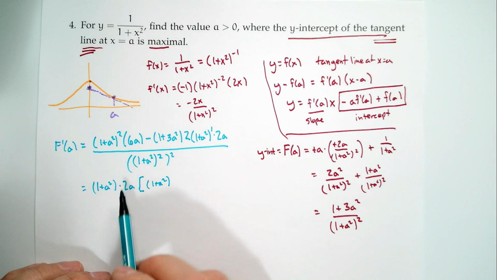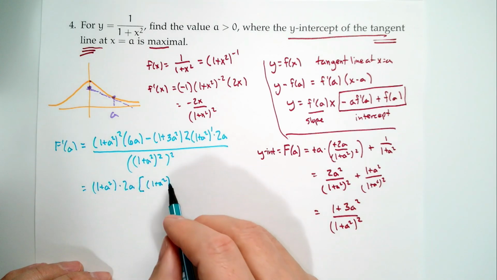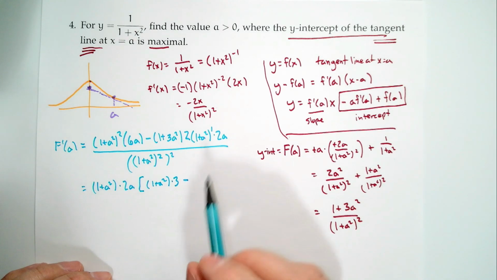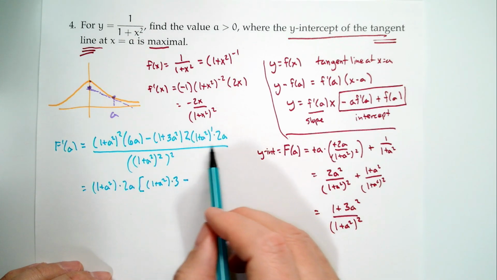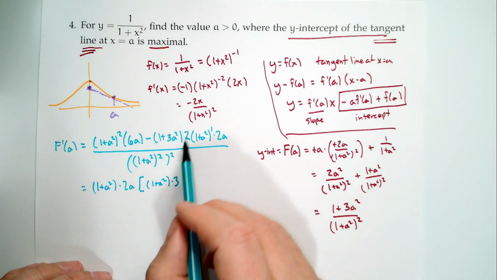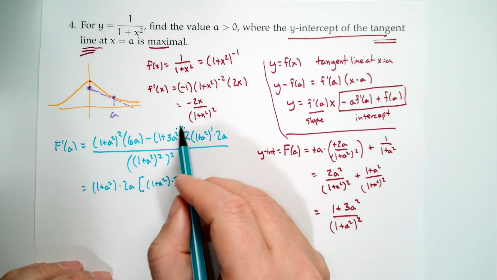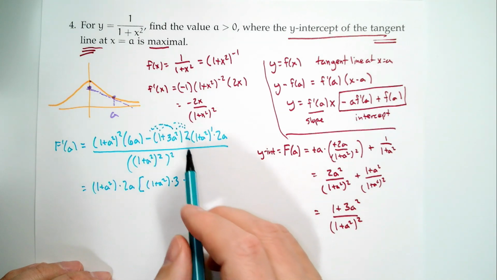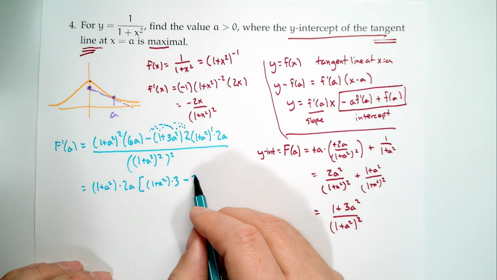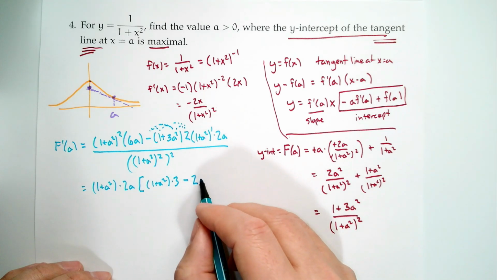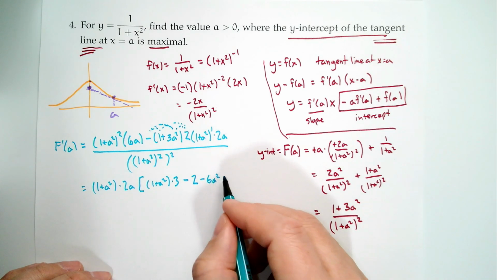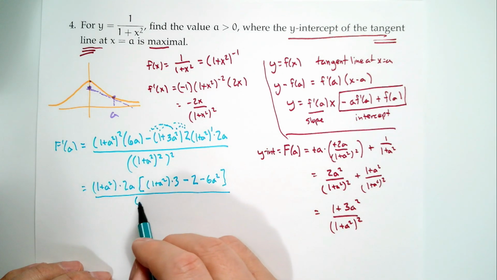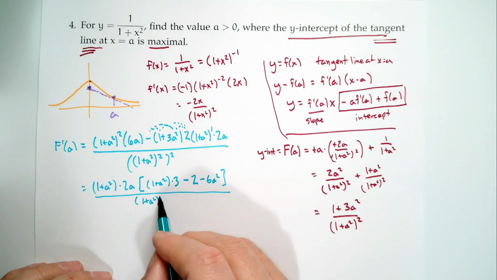And for the 6a, I pulled out 2a, so I'm left with 3. Minus, now here, I got the end part, but I didn't get this part. So I'm going to distribute that 2 through, and also distribute that minus through. So that would be minus 2, and then minus 6a squared. And downstairs, (1 plus a squared) to the 4th.